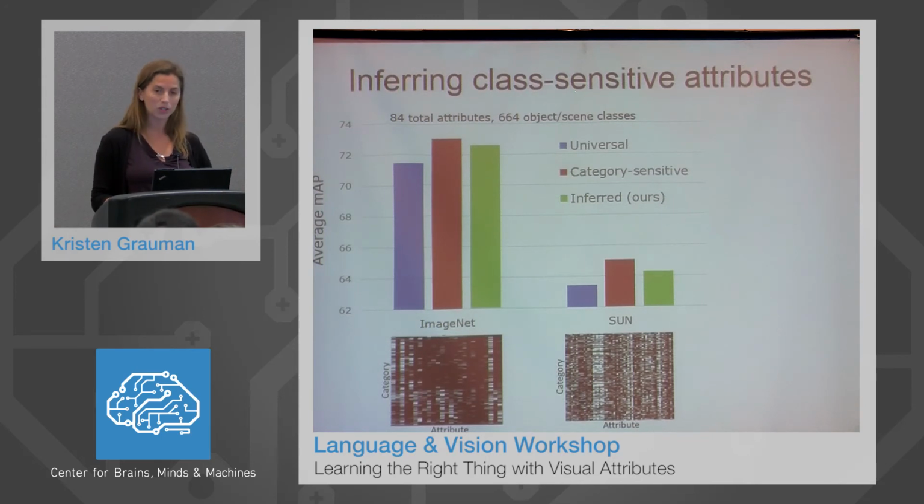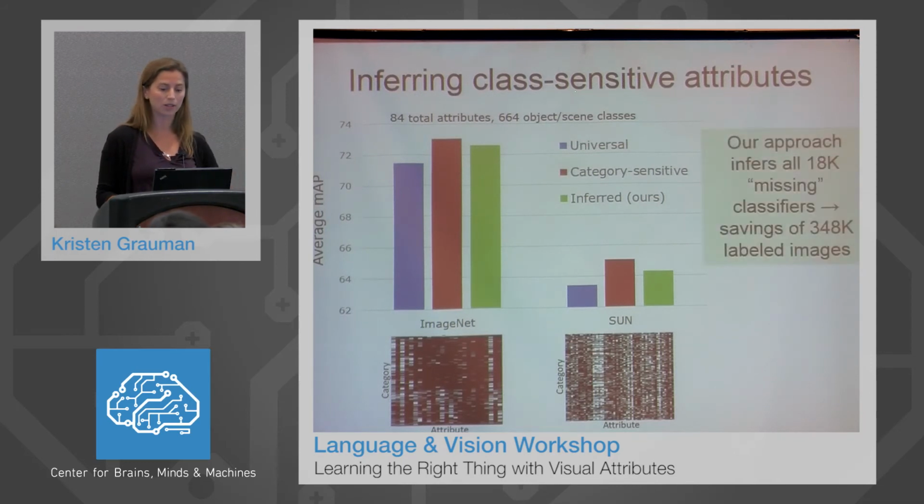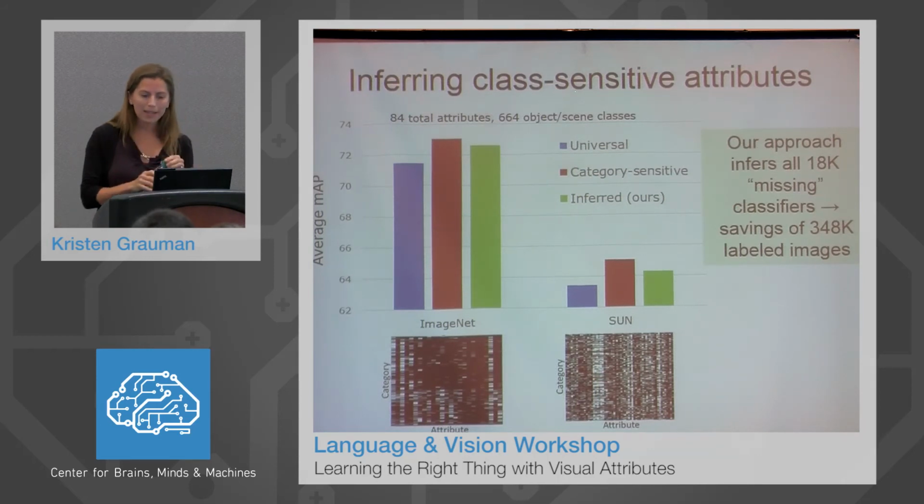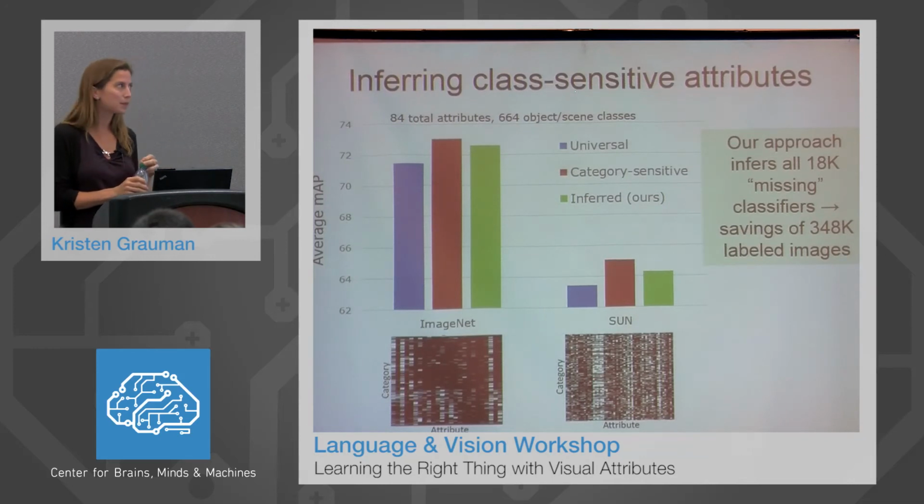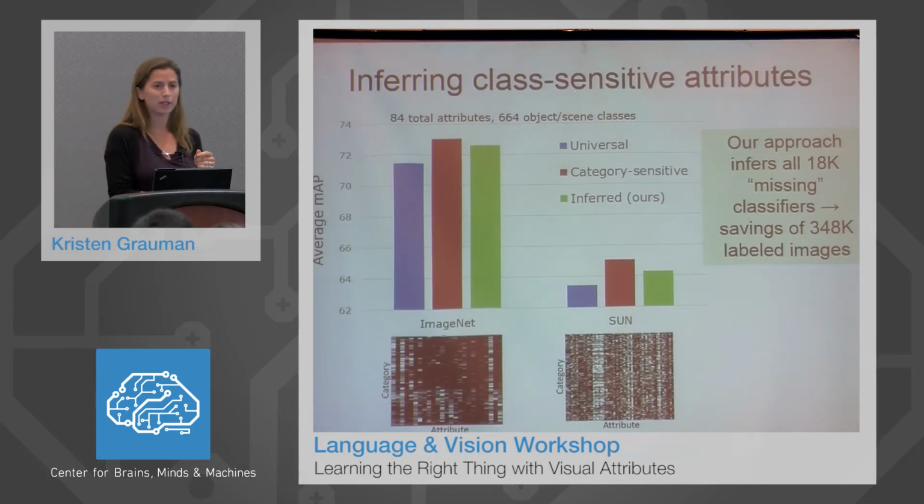And we're coming quite close to this upper bound of the case where we actually had the explicit training data to work with. Okay, so we're inferring all the missing classifiers, some 18,000 of them. And if you think about what that means in savings, well, concretely, it means there's about 350K images that we'd never need to label, and yet we can still get these classifier models for.